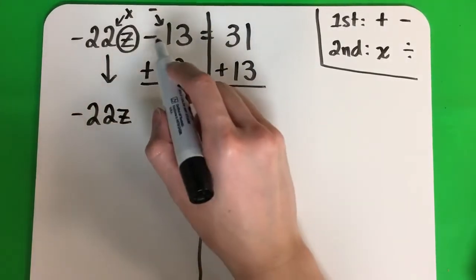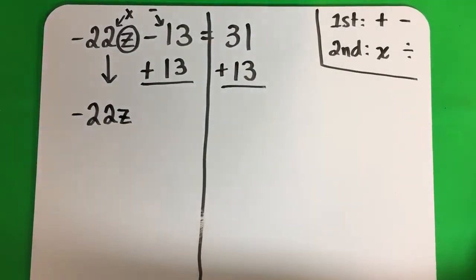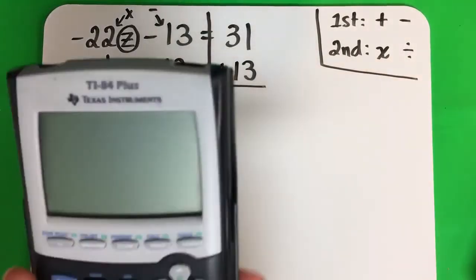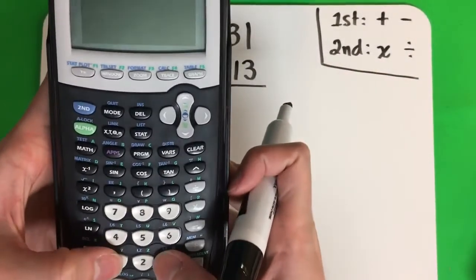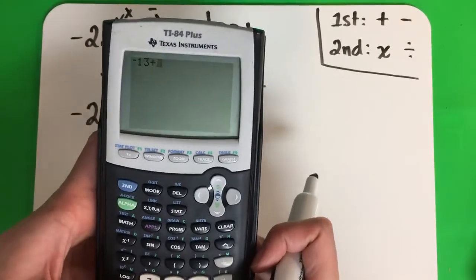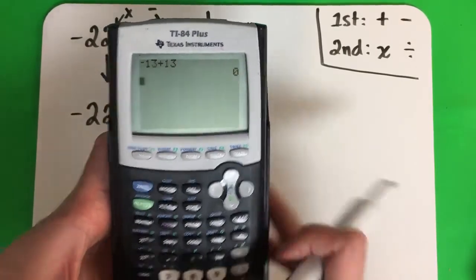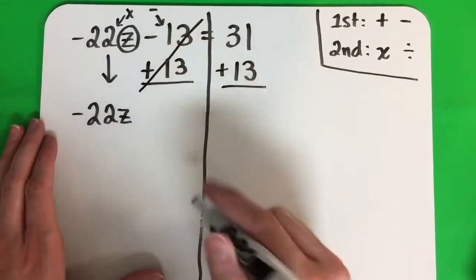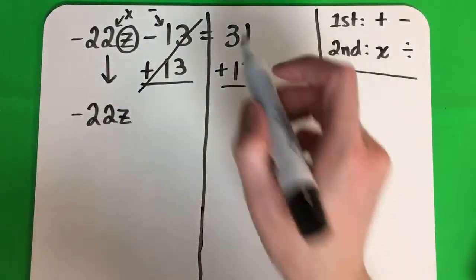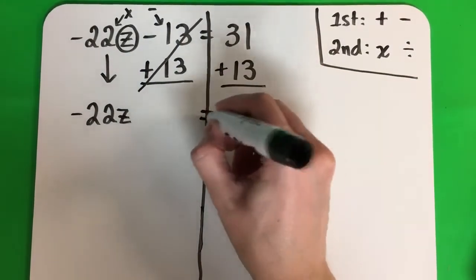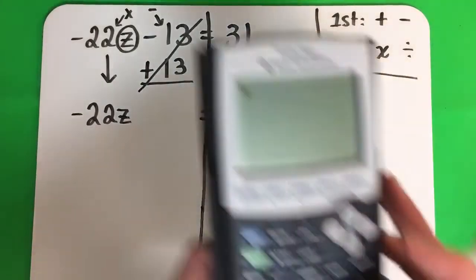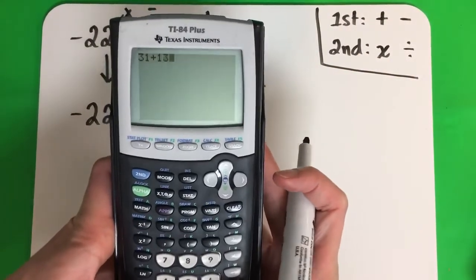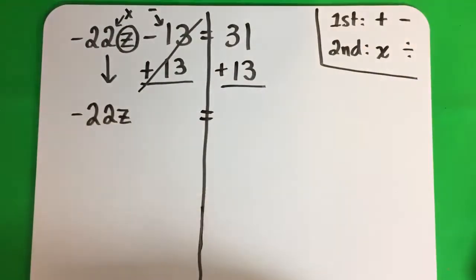Negative 13 plus 13, put that in the calculator. What's negative 13 plus 13? 0. Cancel. Don't write 0. It's canceled. 31 plus 13, put in the calculator: 44.